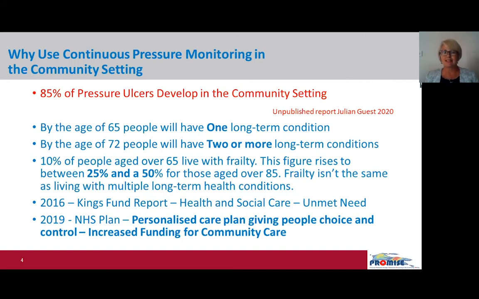In 2016, the King's Fund report for Health and Social Care said that this was an unmet need, and this was definitely something that we wanted to know whether continuous pressure monitoring could help, for those patients who had minimal support at home from caregivers. And then in 2019, the NHS plan discussed personal care planning and giving people choice and control, which we felt continuous pressure monitoring really supported that process.